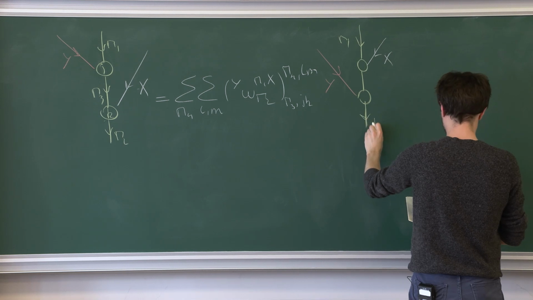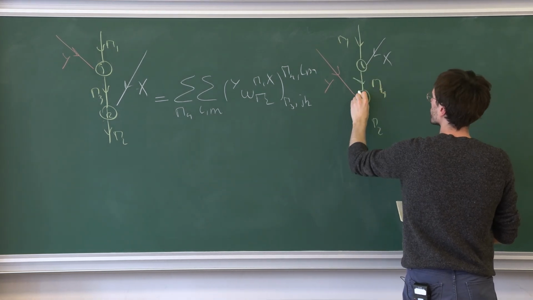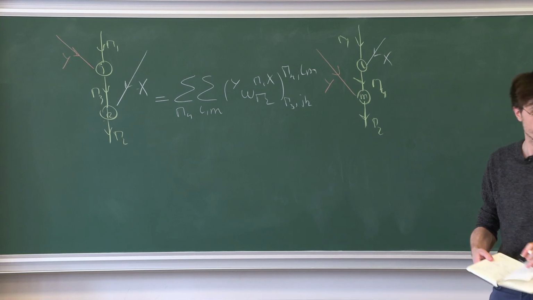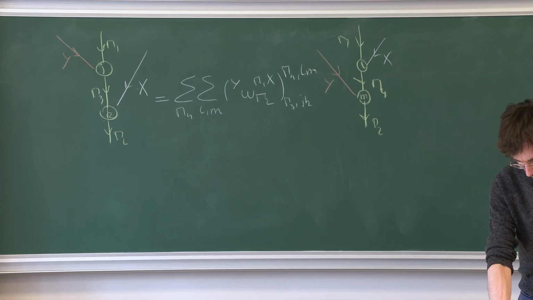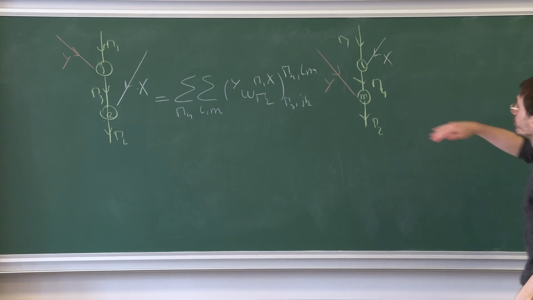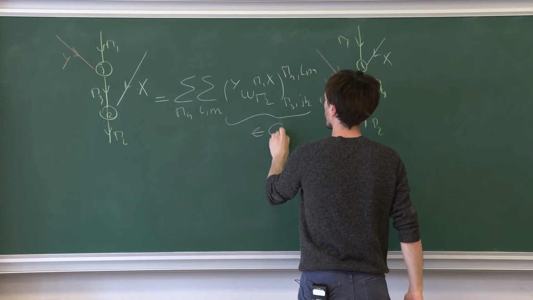Okay, so this is really, we can move a red line, which is going to be ultimately a symmetry operator, past the action of X. So this is a complex number.